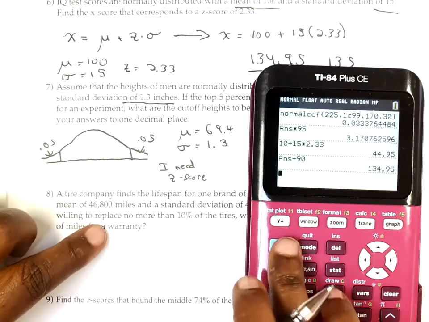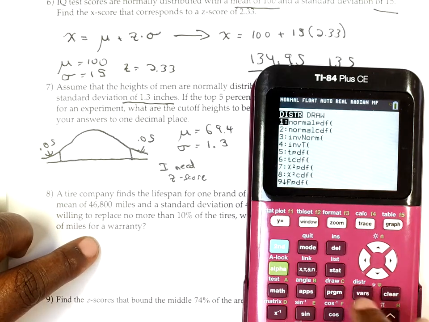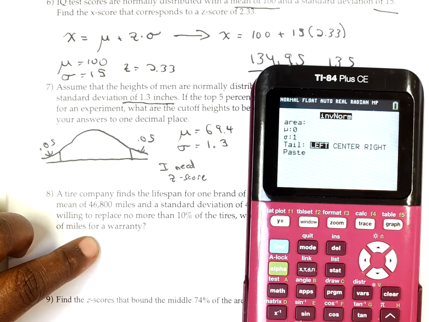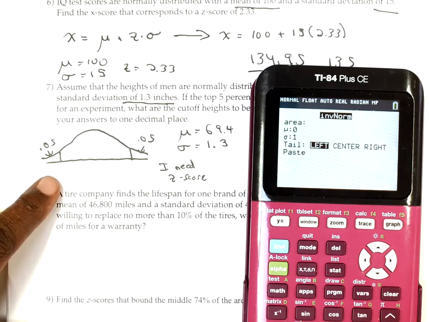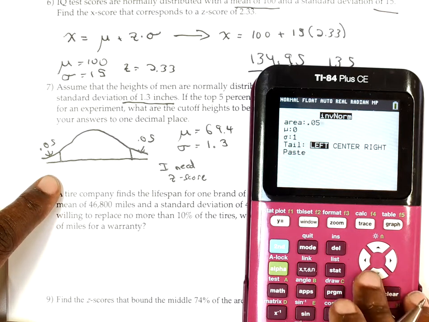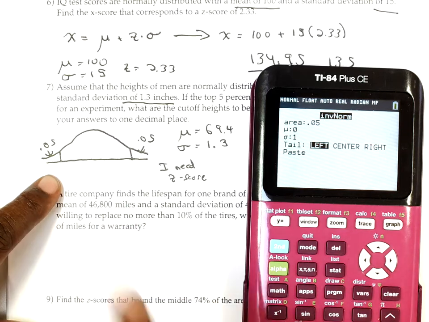So second VARS, number 3. And I'm going to do the area to the left, which was 0.05. The mean was 69.4. And the standard deviation is 1.3.